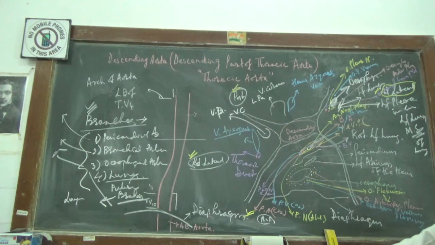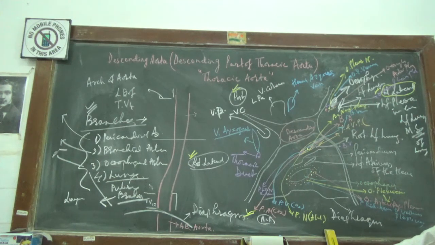So these are the things you have to remember in connection with the aortic system, especially in the thoracic region. It is important for other regions as it traverses, because the aortic system gives the main blood supply to the entire body itself.